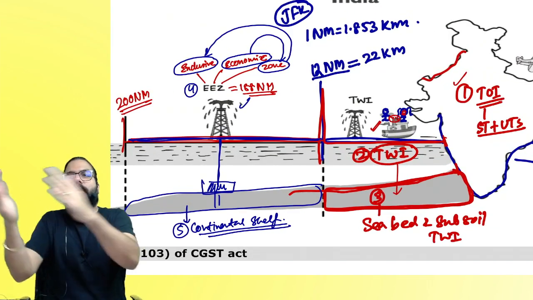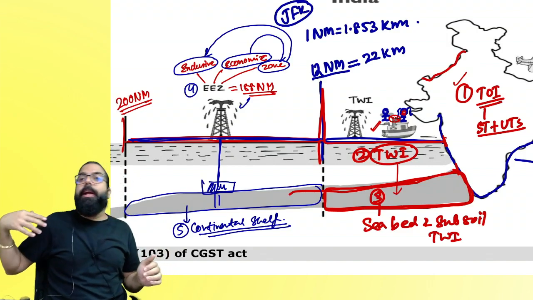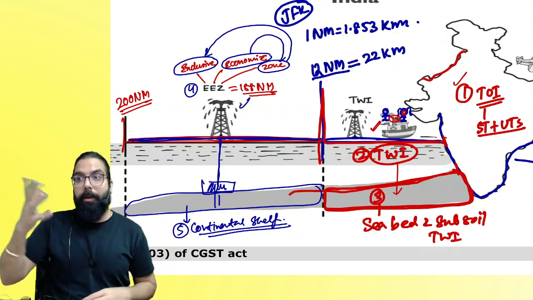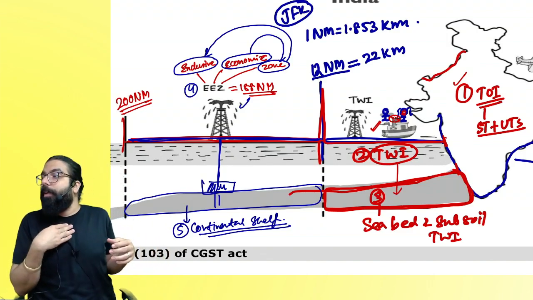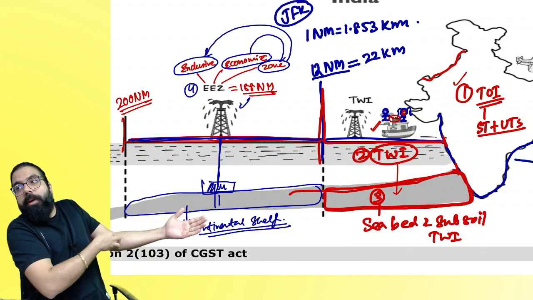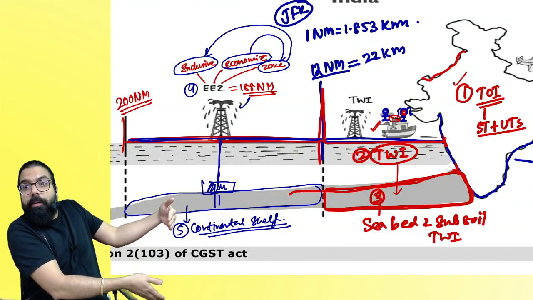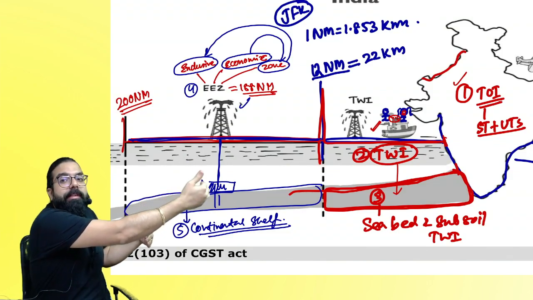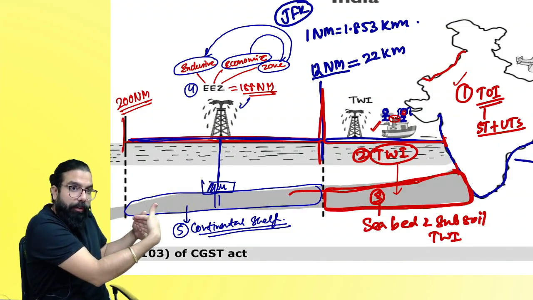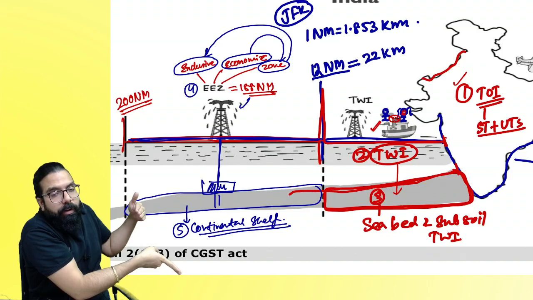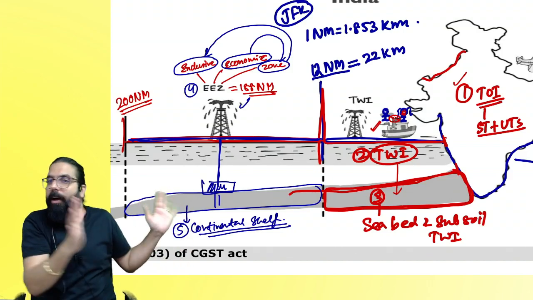I told you about 5 things. India means the territory of India, territorial waters of India, below this seabed and subsoil, after this exclusive economic zone, and below that the continental shelf is India. Are we clear? Now listen.